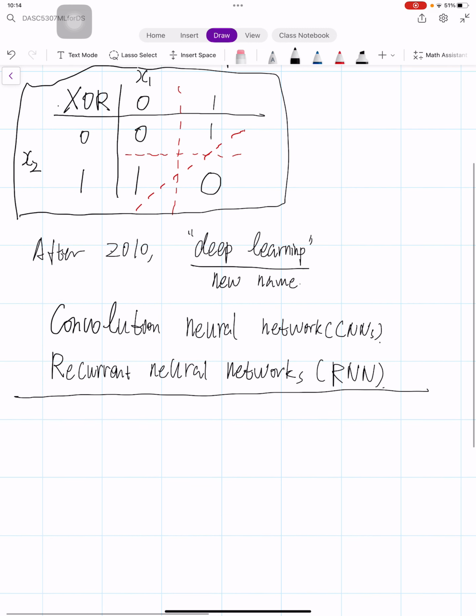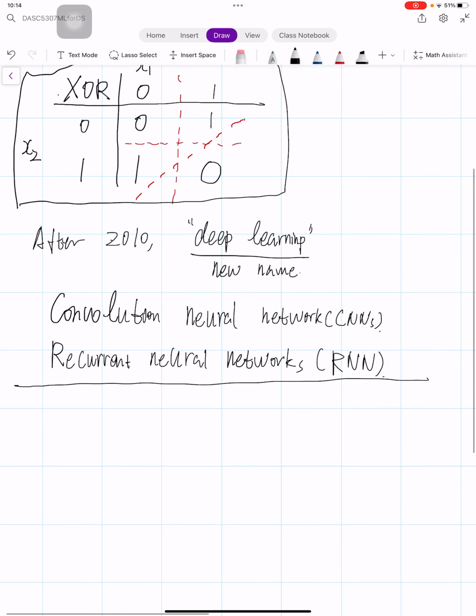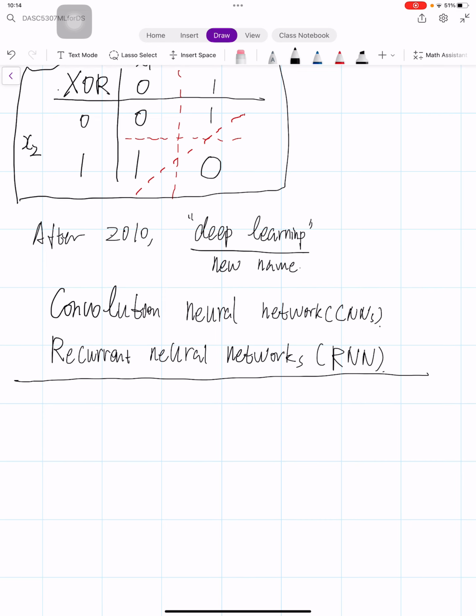And then people started to think, oh, if the linear function does not work, can we, for example, we have the two inputs, right, x1 and x2, and we could give some linear combination, linear function, of x1 and x2.